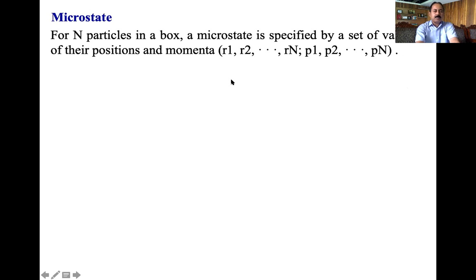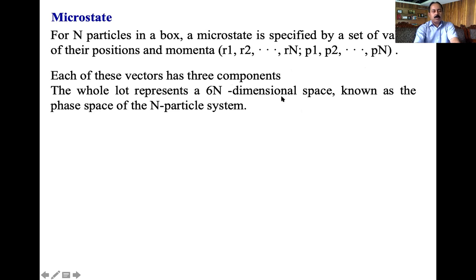In that case, there will be a total of 6n parameters: for particle 1, R1, particle 2, R2, then Rn, and similarly the momenta P1, P2, Pn. Each of these vectors has three components. The whole lot represents a 6n dimensional space known as the phase space of the n particle system, right?